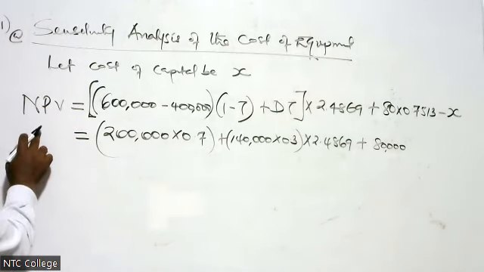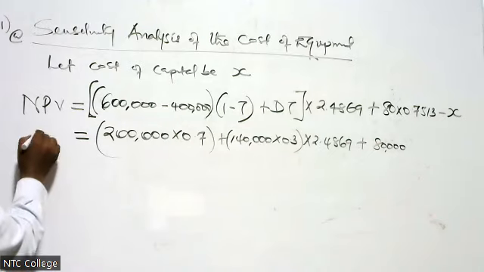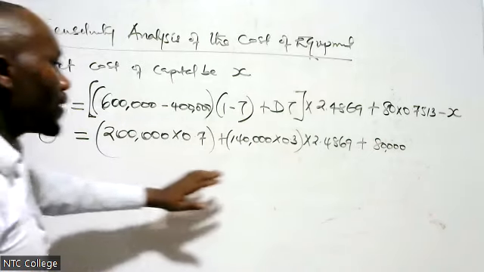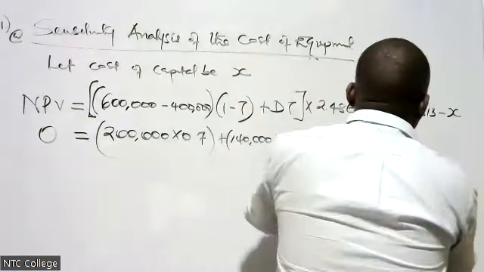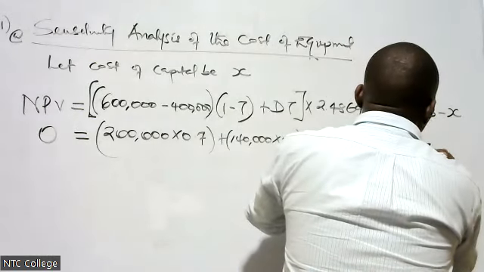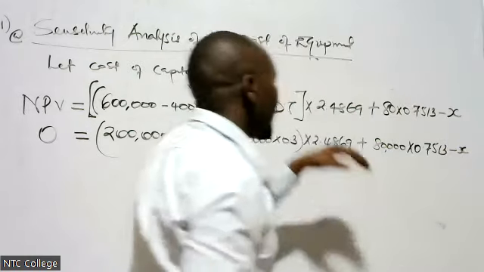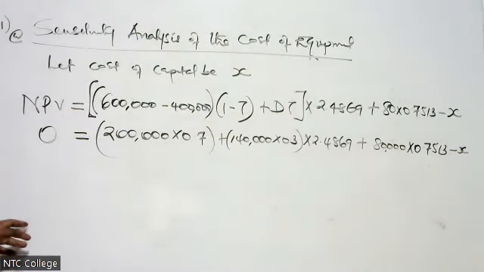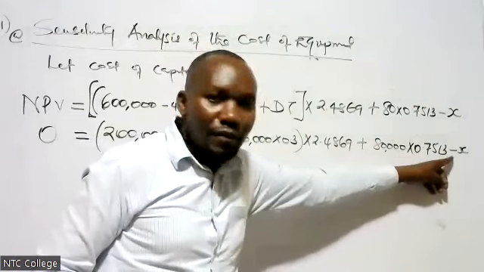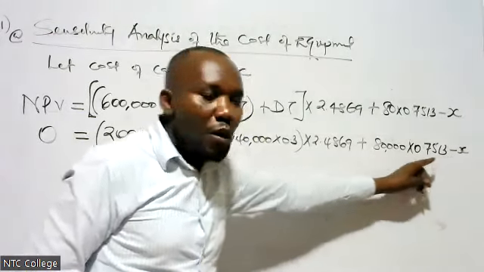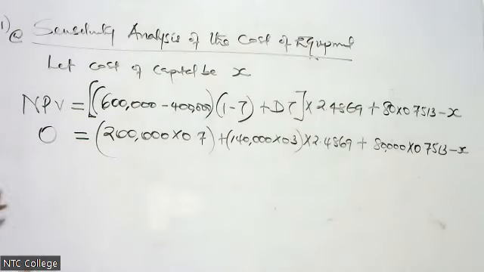Now, after understanding that, we are saying that at break-even point NPV is 0. So you say that 0 is equal to this figure. So we have here 0 equal to all these figures. So this is 8 times 0.7513 minus X. So X is negative. When it passes equal sign, it becomes positive.